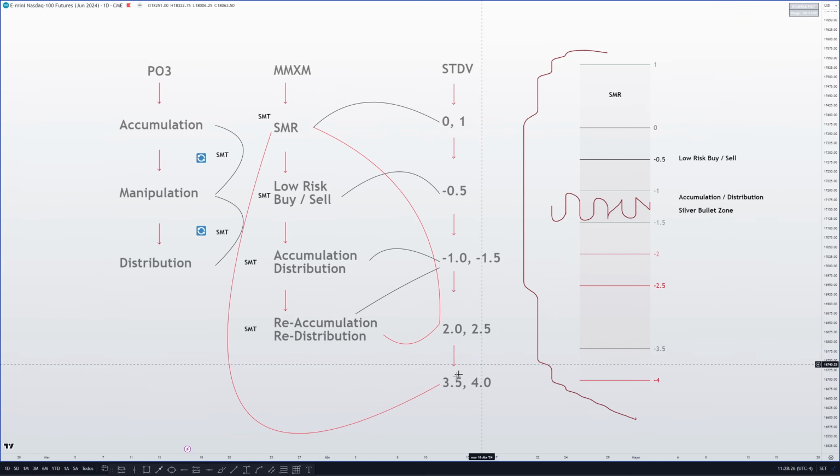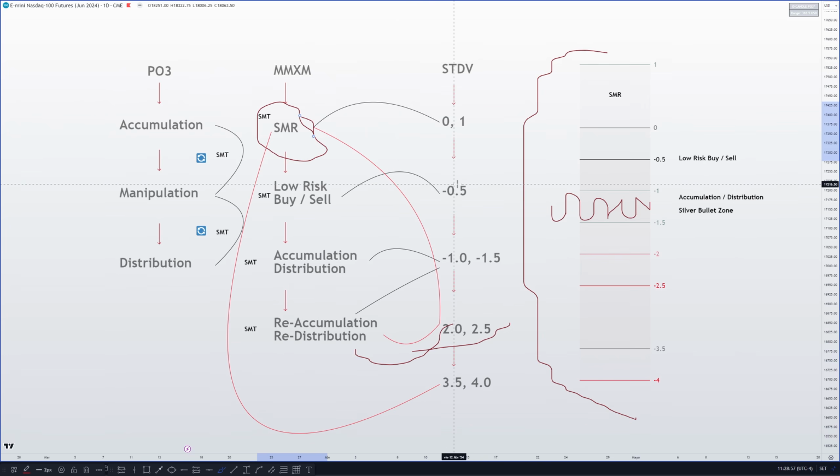Remember, 2 and 2.5 deviation here is for one reaccumulation or redistribution. If price has unfinished business to the 3.5 and 4 deviations, you can find in these 2 and 2.5 deviations one reaccumulation or redistribution level. But in other cases, the 2 and 2.5 deviations are the beginning for another market maker buy or sell model.